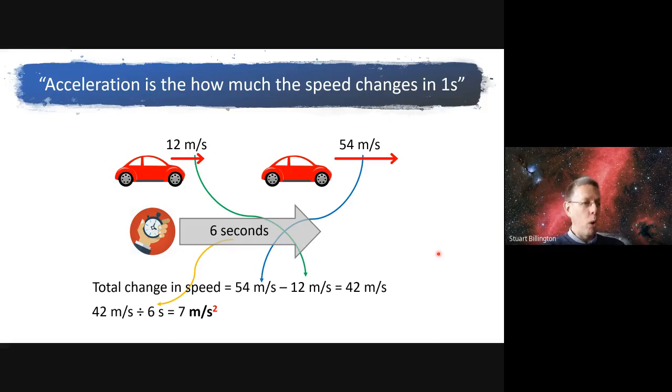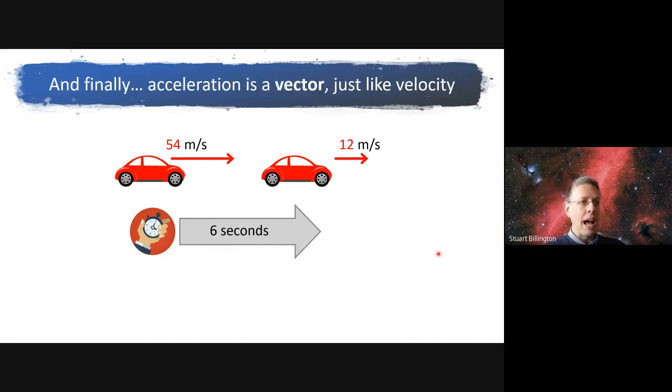Okay, one last thing. Acceleration, like velocity, turns out to be a vector in that it has a direction associated with it. But here's where we need to go a little bit abstract on the word direction.